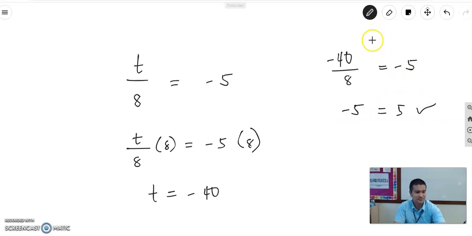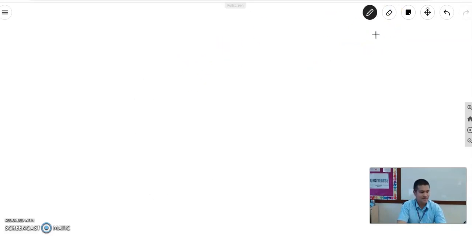Another example. Let's try 3x equals 33. To find the value of x, we divide both sides by 3 over 3.